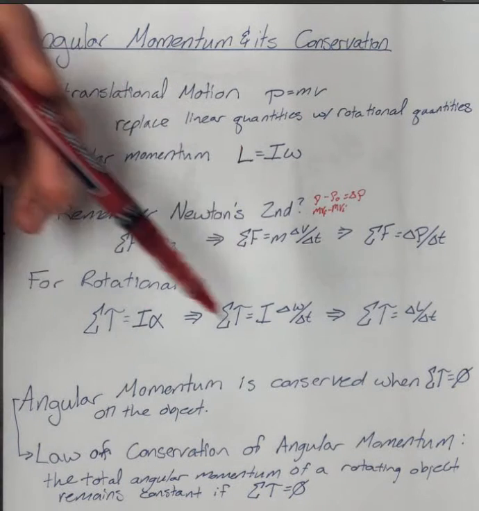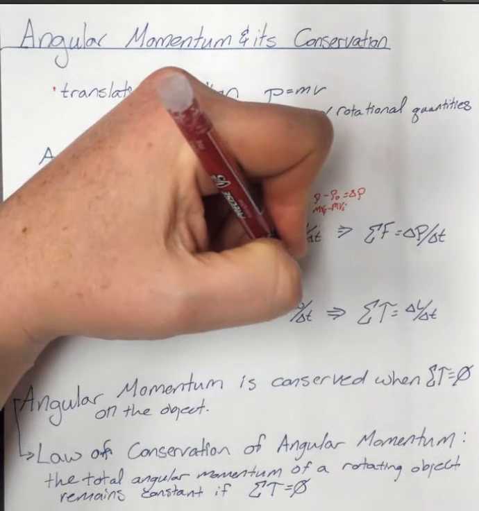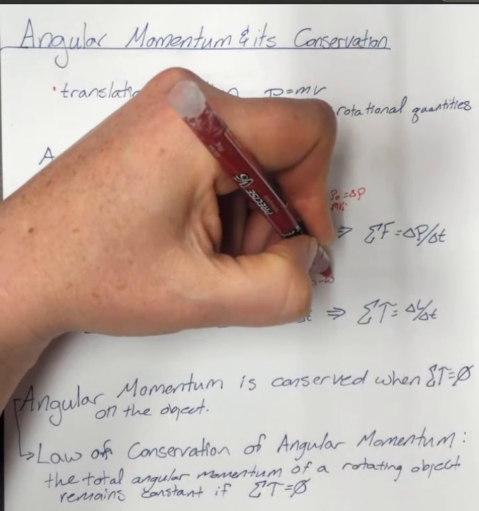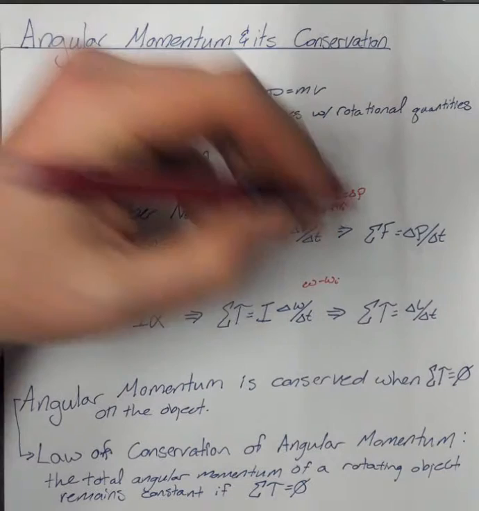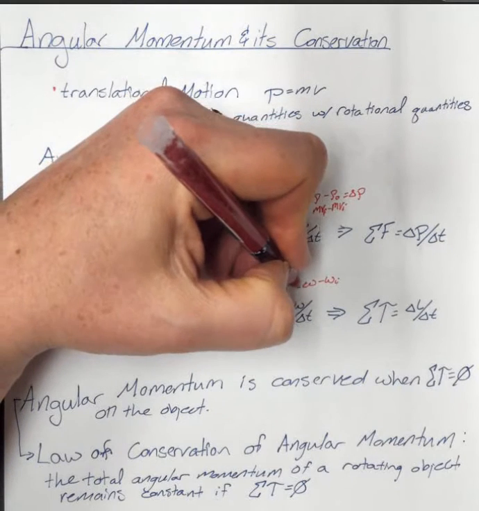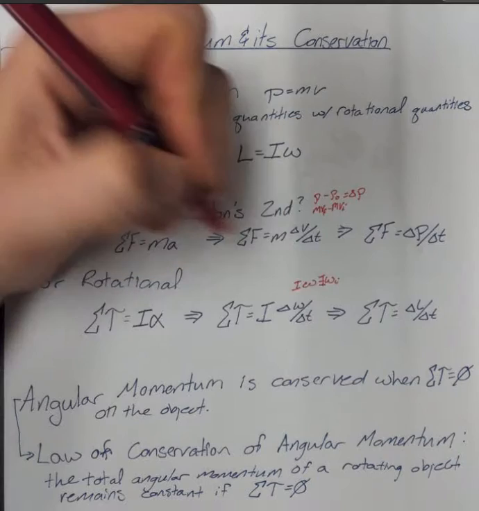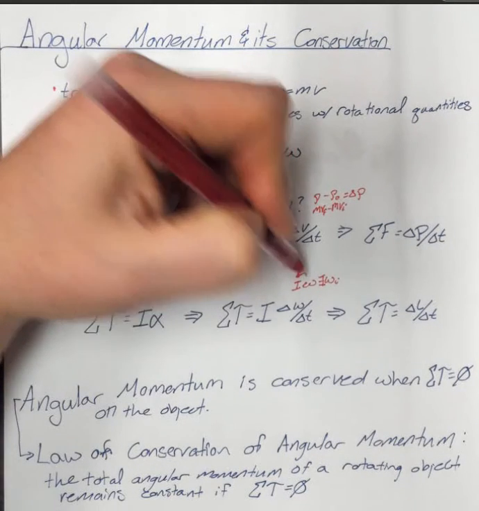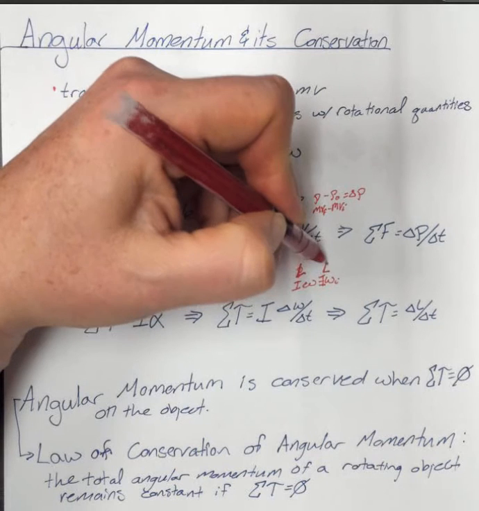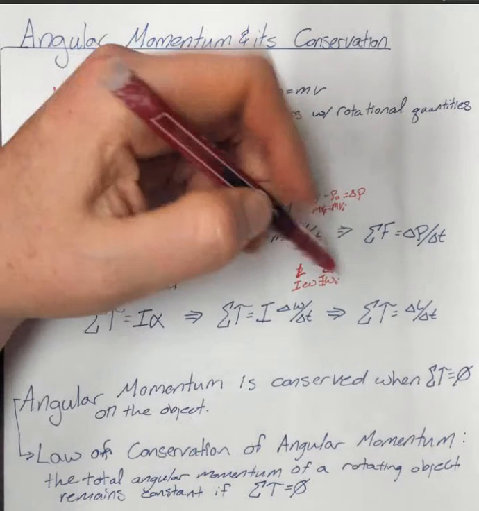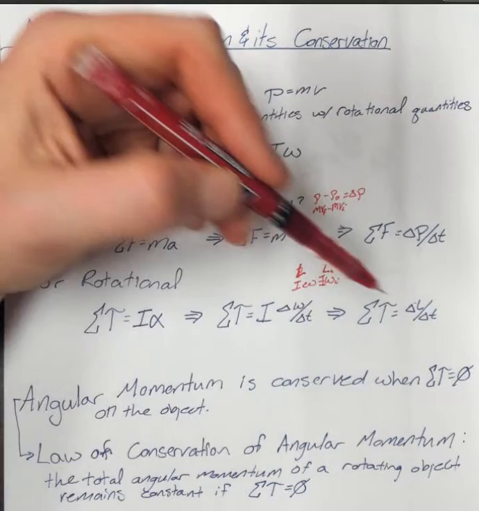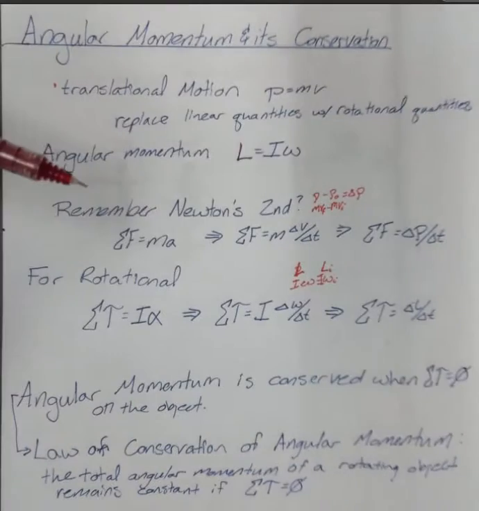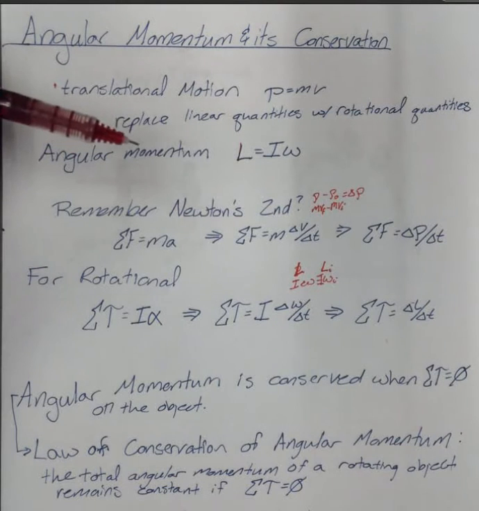If I get the final rotational motion minus the initial rotational motion, and I distribute my moment of inertia, then that would be final rotational momentum minus initial rotational momentum, which would be the change in rotational or angular momentum over time. And so you can see that this is a directly analogous relationship.